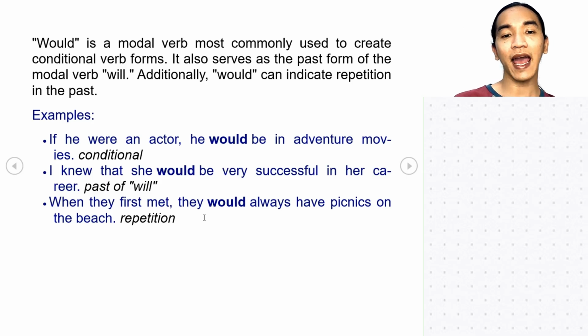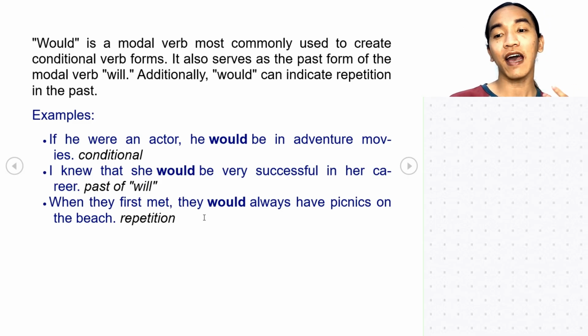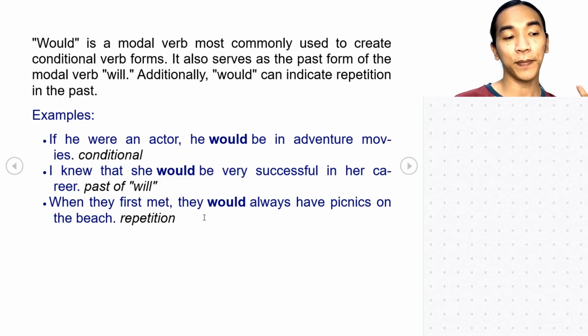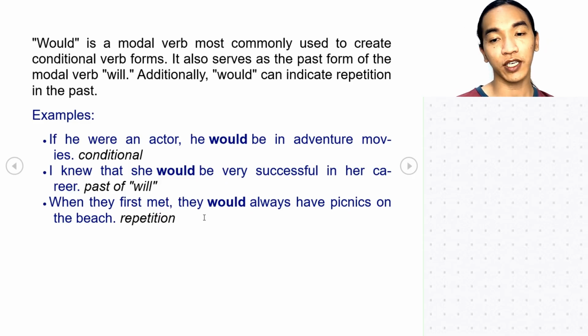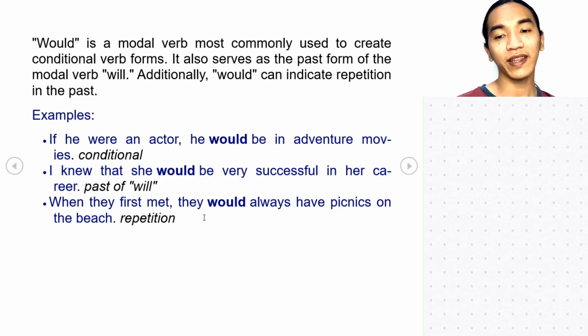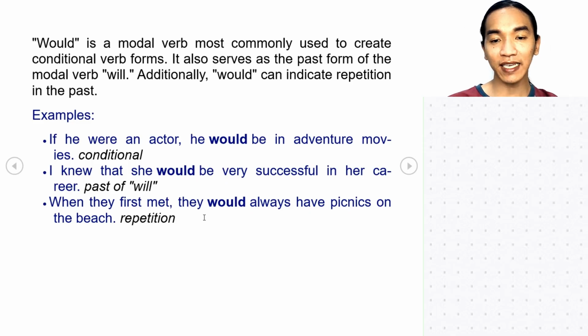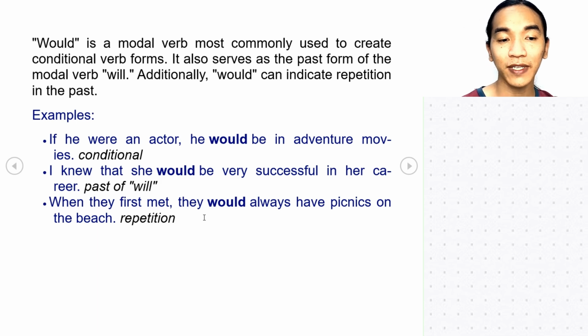The sentence actually is emphasizing that in the past you knew or you thought that she would be a very successful person in her career. Okay. Now, the next one, when they first met, they would always have picnics on the beach. Okay. So, in this case, we are actually talking about repetition or habits.